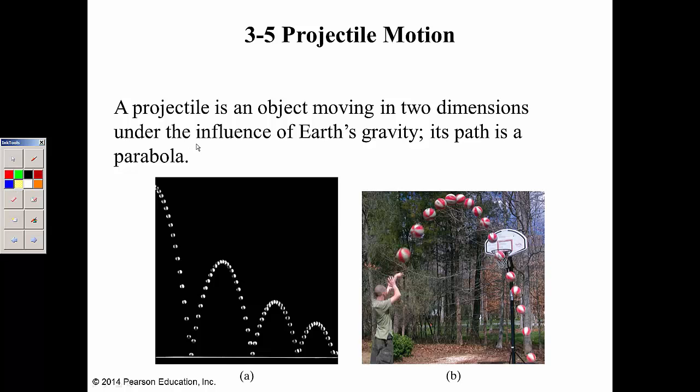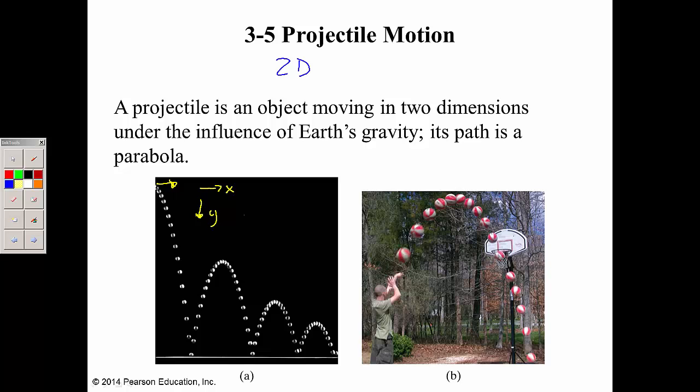Now, projectile motion is motion in two dimensions. And you can see, for example, with a ball that has been tossed off of a building, it not only has motion in the x direction, but it also has motion in the y direction.